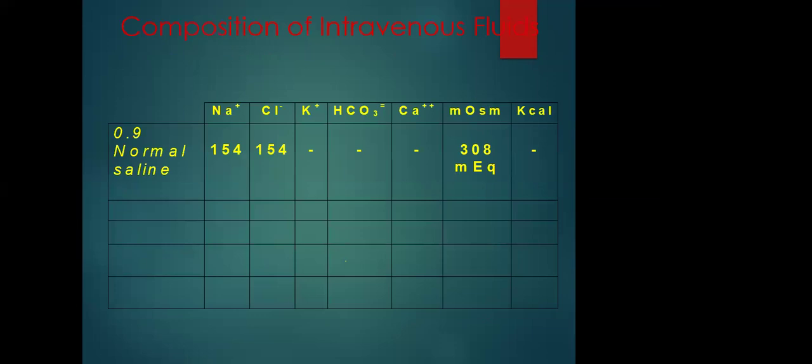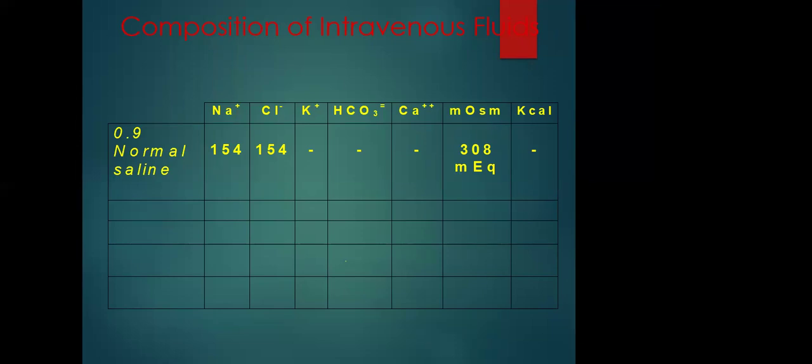Common one is normal saline, which we usually use most of the time as surgeons, and it has a sodium of 154, chloride 154, and then it has no bicarb, no potassium, and also no calcium.